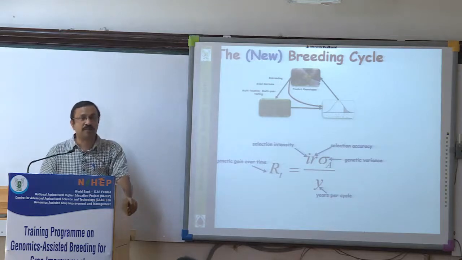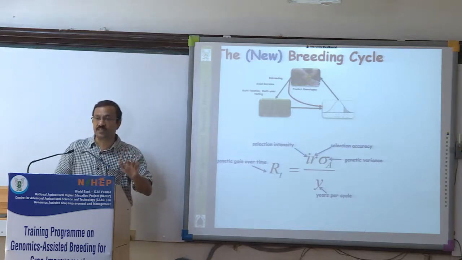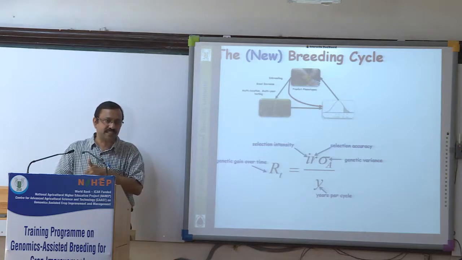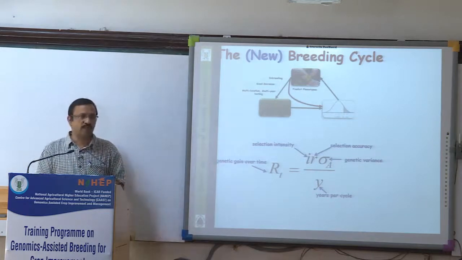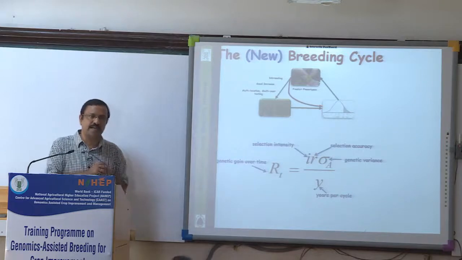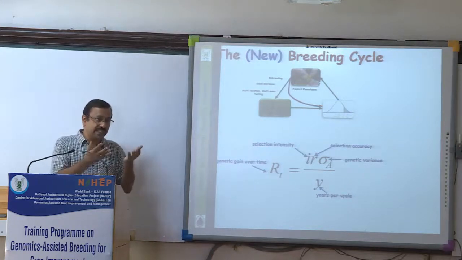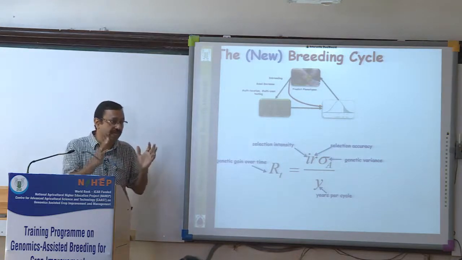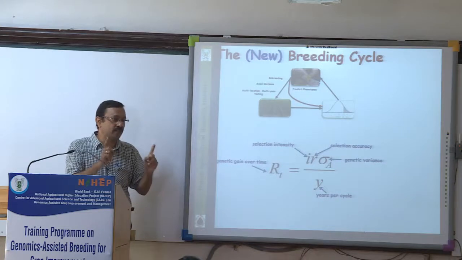So, if my prediction accuracy is 80% and more, then that is a good line, right? I needn't wait for carrying out all these biometrical tests in the later generations. What I do, let us say I have some lines, I identify in which lines this marker group is present, take them, but this is not for advancement of lines, this is for identifying parents for crossing.